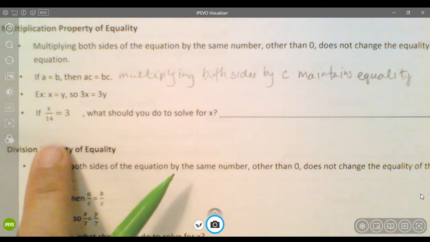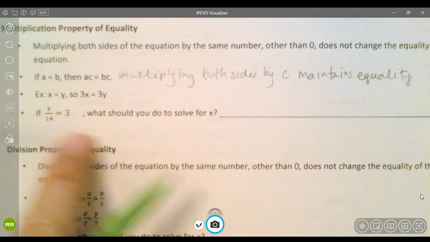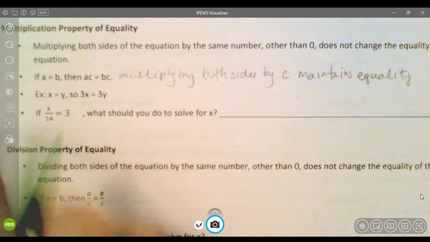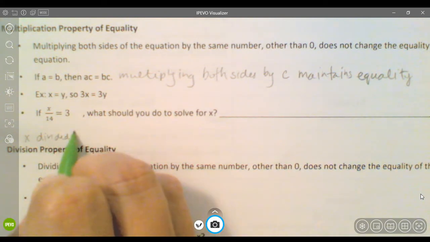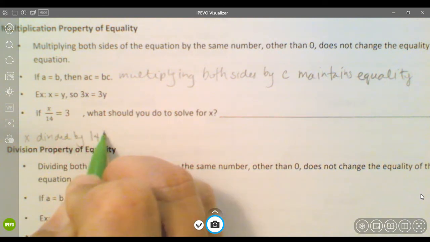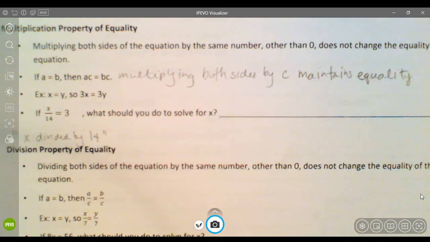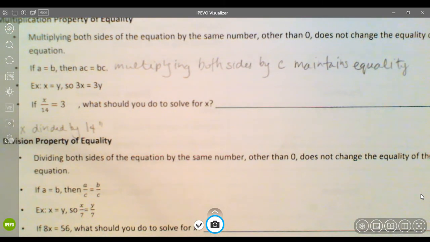If x divided by 14 equals 3, what should you do to both sides? Now notice I said x divided by 14. I didn't call it x over 14. Okay, remember a fraction is just a division problem. What should you do to solve for x?